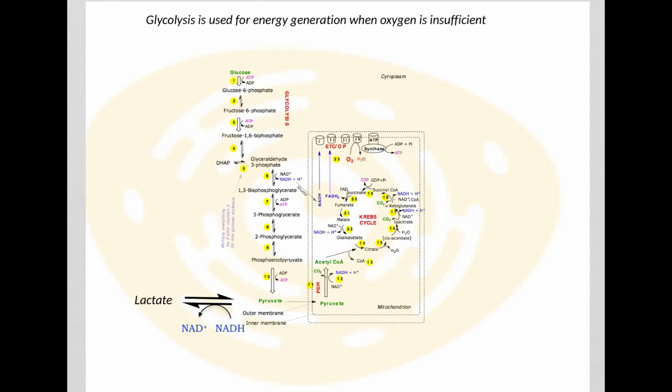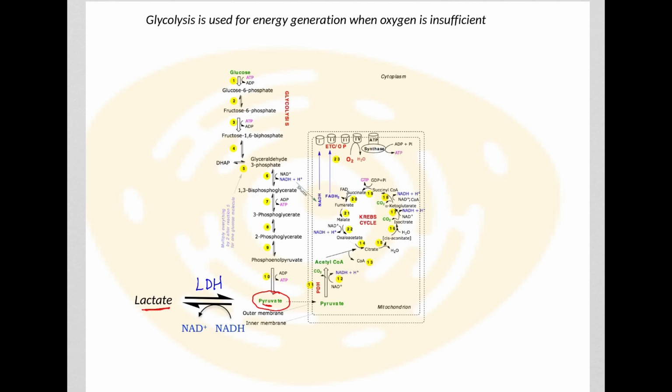So with this background, now let's look at the enzyme that is called lactate dehydrogenase, or we'll abbreviate it as LDH. So what does LDH do? Now LDH can convert this pyruvate into lactate.